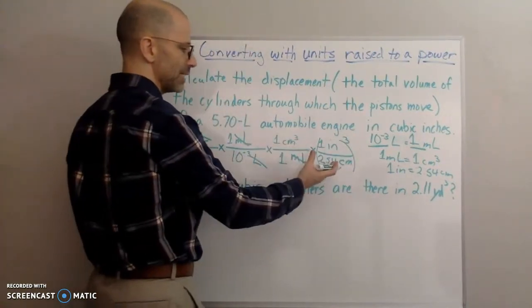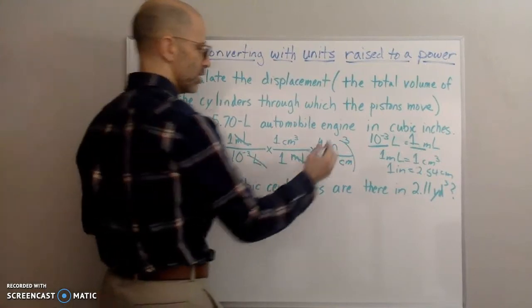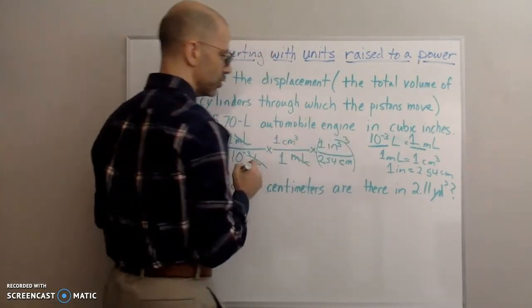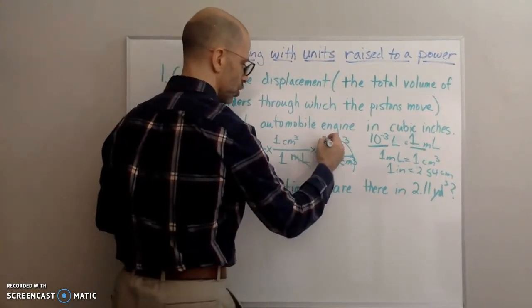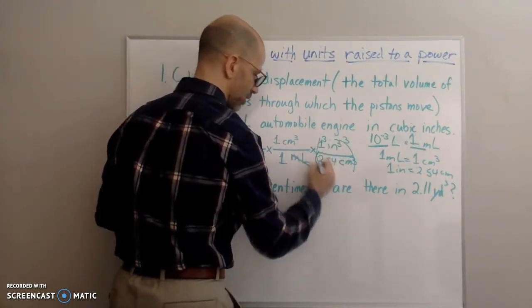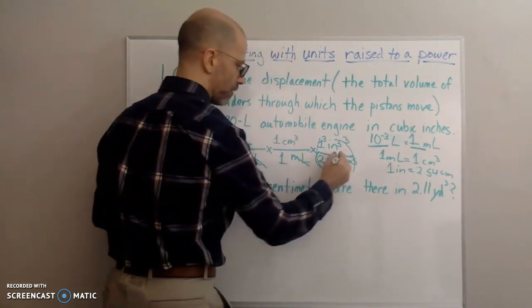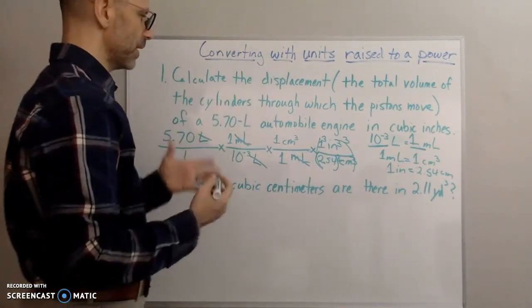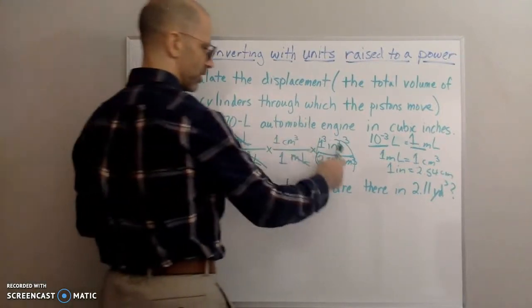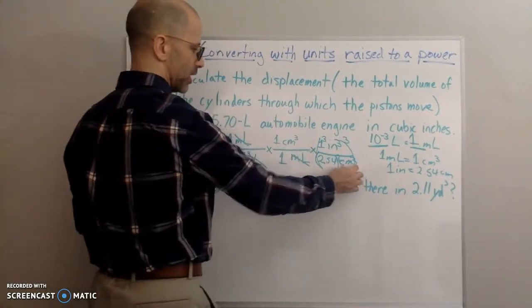Everything inside gets cubed. So my inches get cubed, my centimeters get cubed, 1 gets cubed, and then the 2.54 gets cubed as well. Everything is cubed inside the parentheses. Now I have my centimeters cubed.